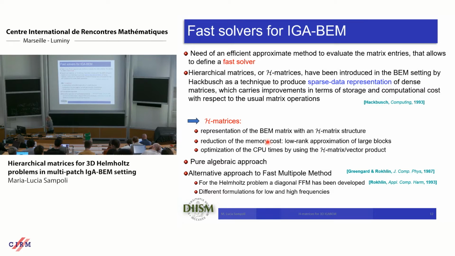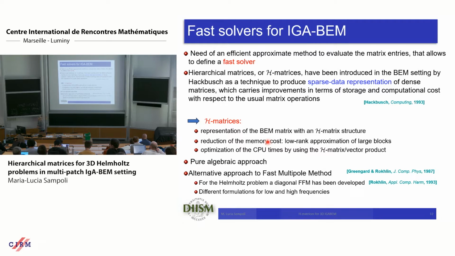Another proposal, which I did not mention, was using uniform meshes and the wavelet transform. So we have wavelet BEM, and they also gave nice results, but the uniformity is a limitation.